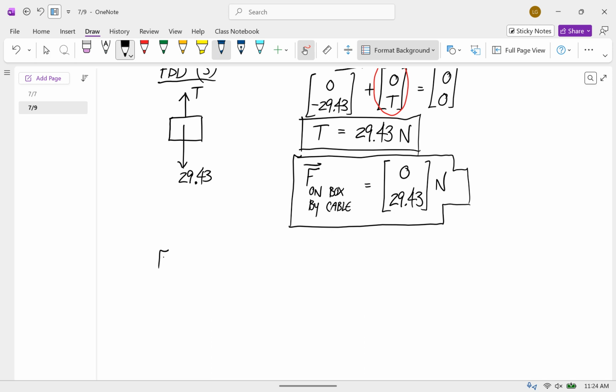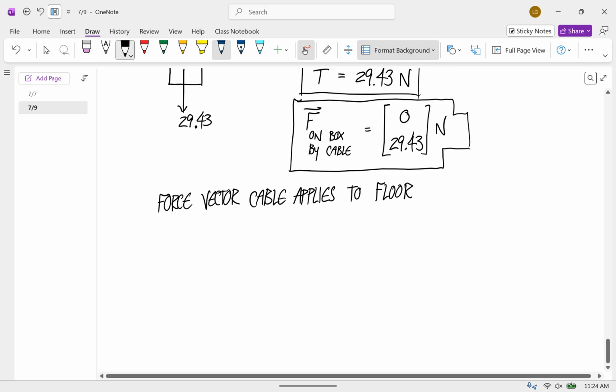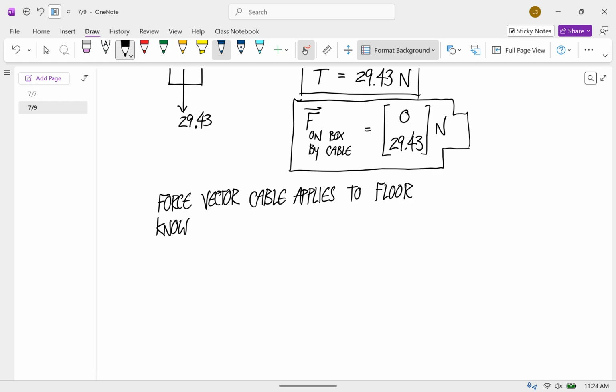So if we're looking for the force vector the cable applies to the floor, we know what the magnitude is because it's the same cable, it's just gone through that pulley.